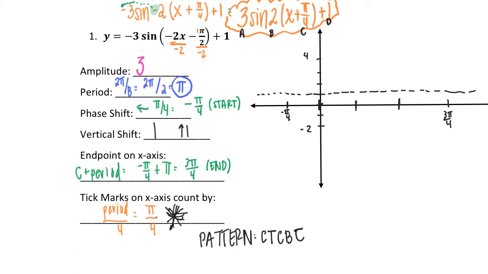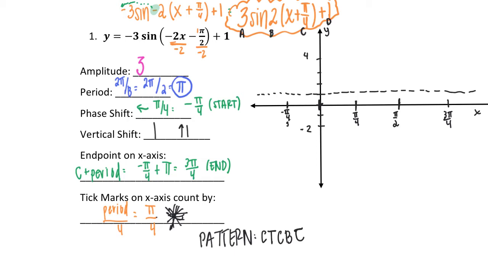So we have negative 1/4 at the start, plus a fourth is 0. 0 plus a fourth gives us pi over 4. 1/4 plus another fourth gives us 2/4, which is pi over 2. And 2/4 plus a fourth gives us 3/4. So now we have our x-axis labeled and our y-axis labeled. We're ready to graph our points.